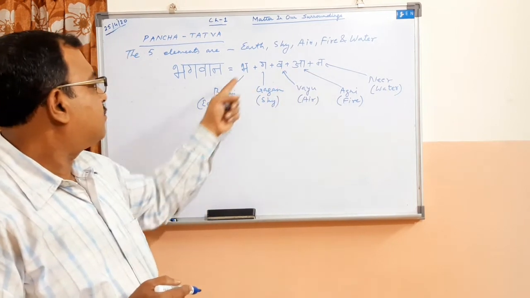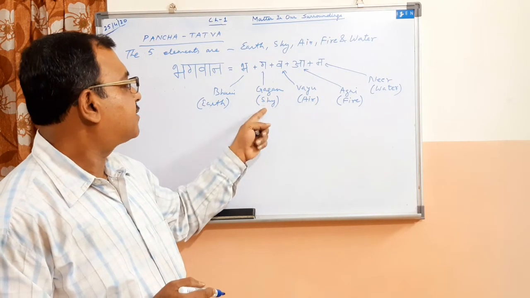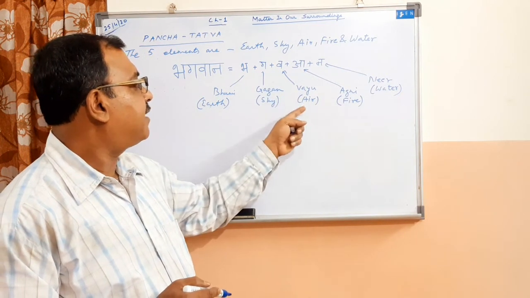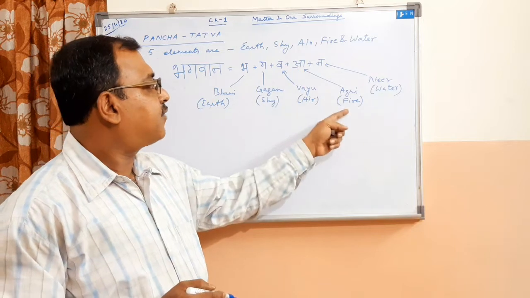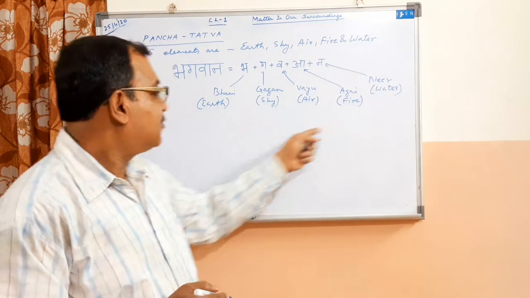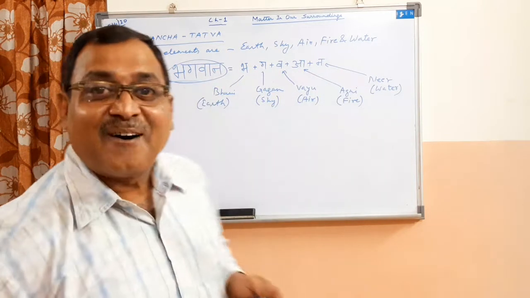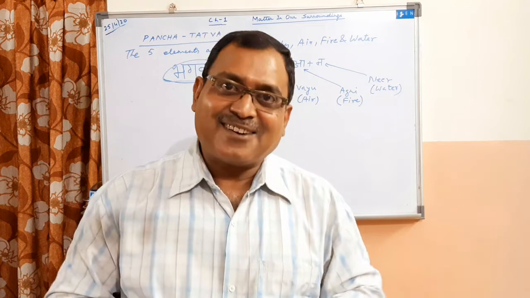So Bha is Bhumi, that is earth. Ga is Gagan, that is sky. Va is Vayu, that is air. A is Agni, that is fire. Na is Neer, that is water. So these 5 elements make our God. Clear, children?